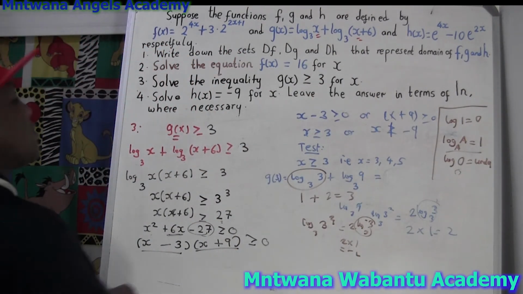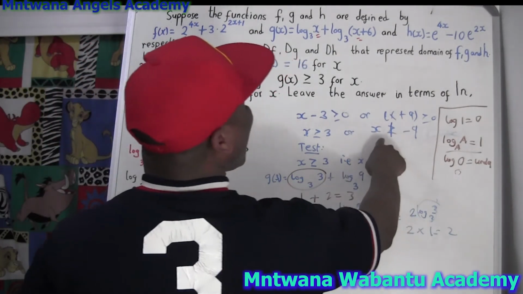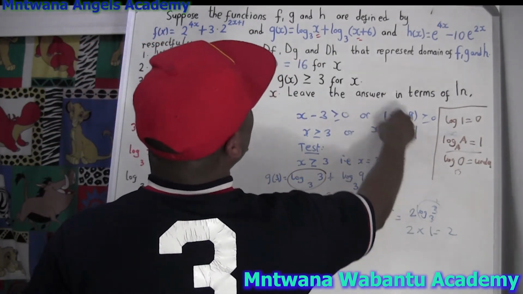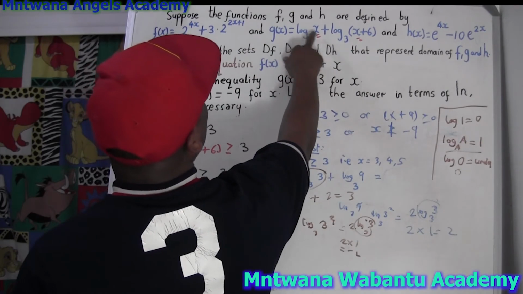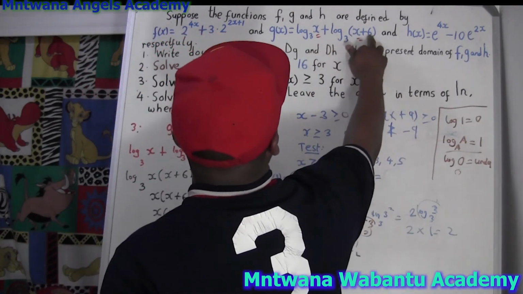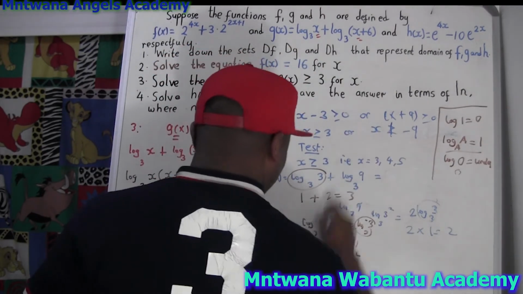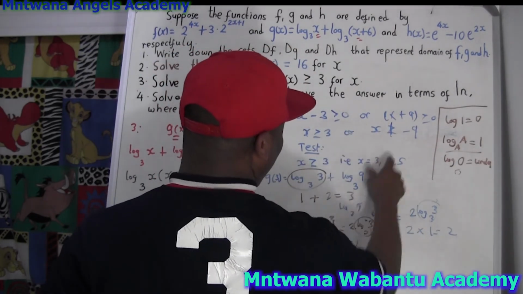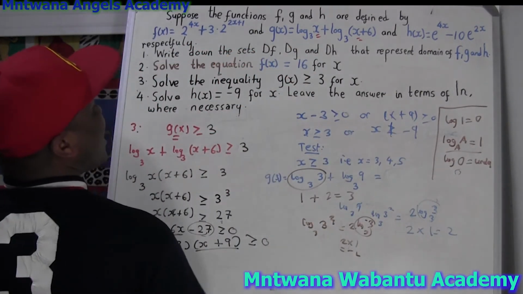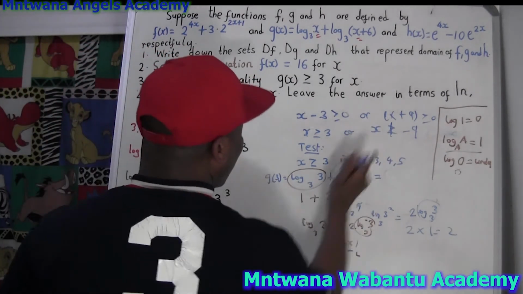But for this one, no, because they say it has to be greater than or equal to negative 9. If you put negative 8 here, it's not going to work. Log of negative 8 plus 2 is negative 6, log of negative 6 is an error. So you can just stop here and answer, or you can test and disprove it.